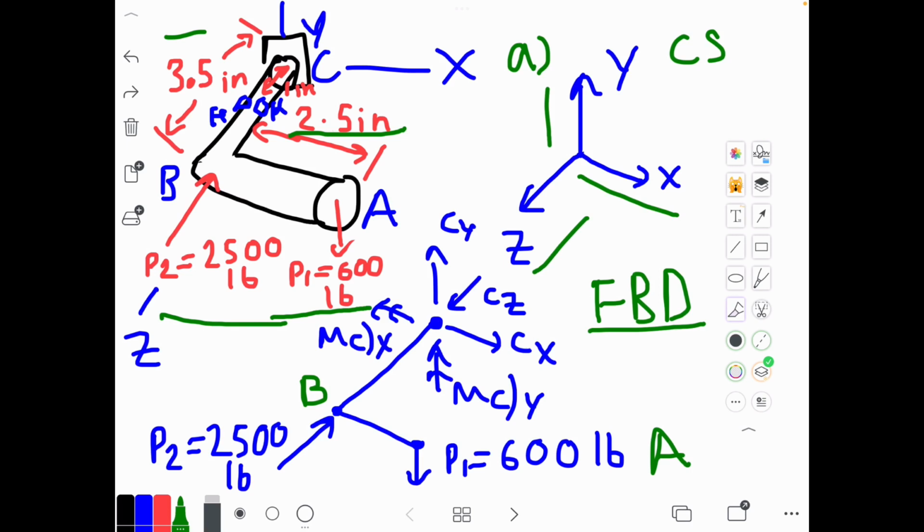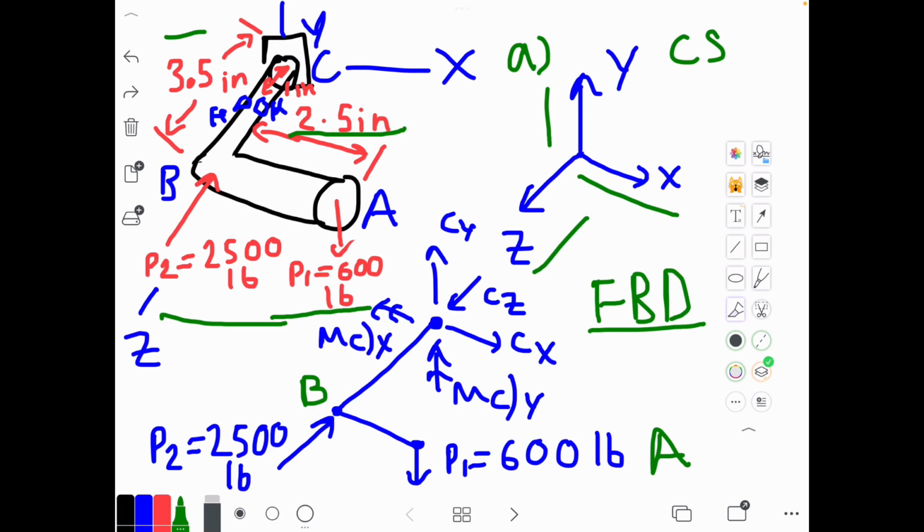Now point C is taken off from this bracket, and we have to find out what that is. That is a fixed support. So you're going to have 3 forces and 3 moments. However, we are not going to have a moment at Z because this bracket, I believe, has a torque of 0, because we're only given a Z force and a Y force.